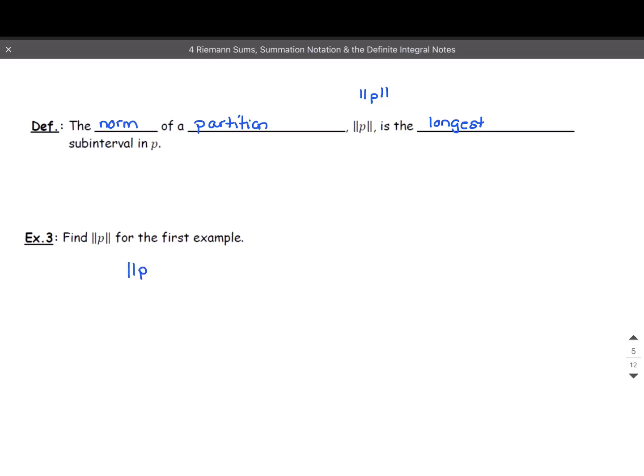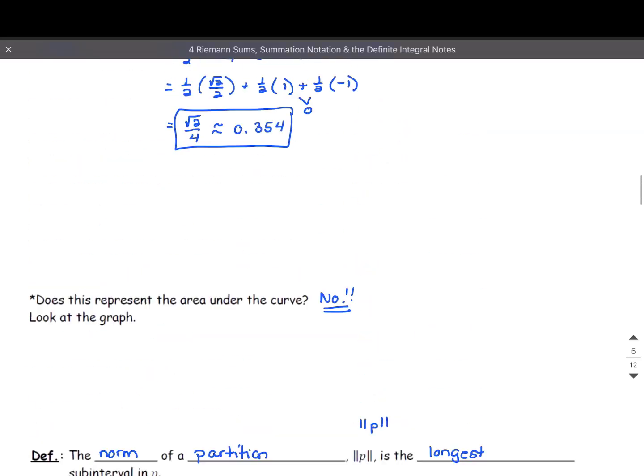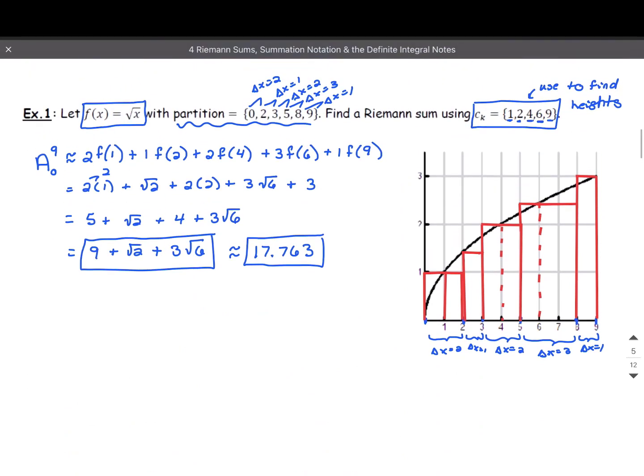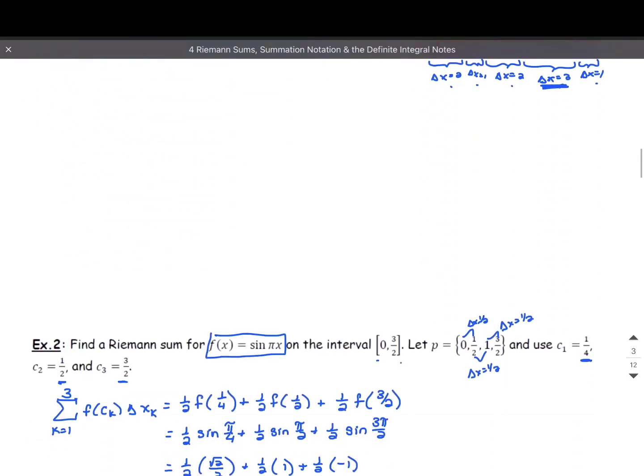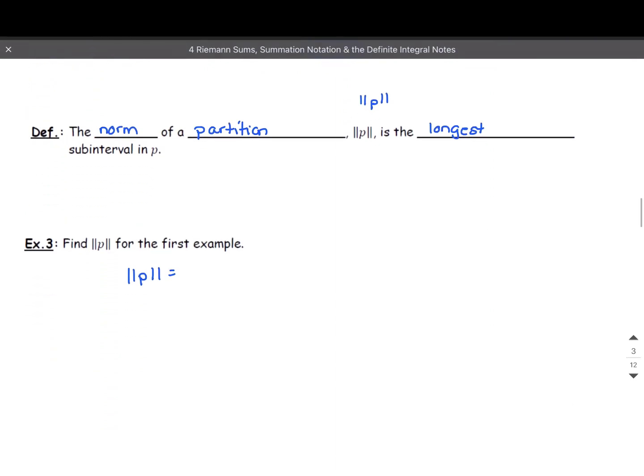So we want the norm of the partition. So we want to go back to example 1. Here it is. We had delta x is 2, 1, 2, 3, and 1. This is our longest subinterval. So the norm of the partition, the longest subinterval, was 3. That's it. It's the biggest delta x. That's all it is, okay?